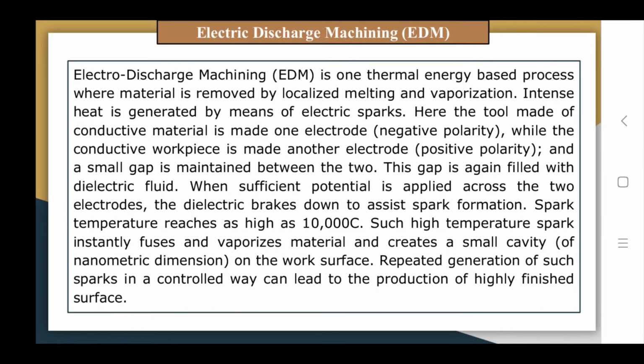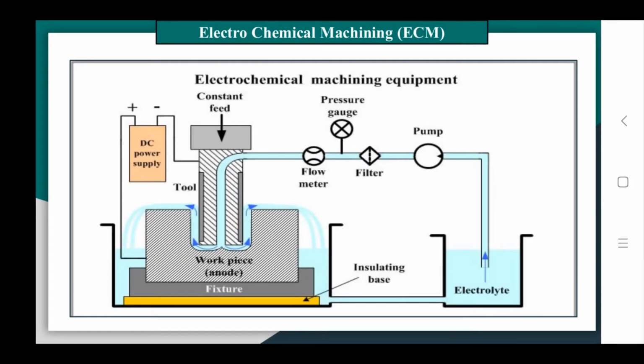Then if you talk about electrochemical machining, that is ECM, this is an electrochemical energy based non-traditional machining process where material is removed by ionic dissolution following Faraday's law, and thermal energy has no direct role in the material removal.